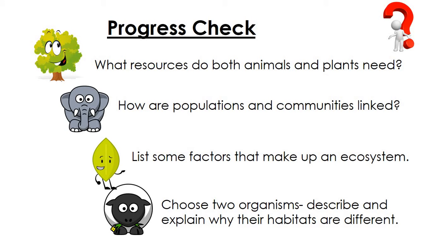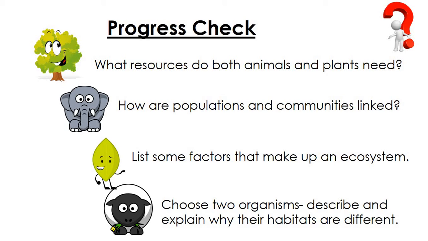So just to check our progress here, think about the key ideas. What resources do both animals and plants need? Can we recall that? How are populations and communities linked? List some factors that make up an ecosystem, and choose 2 organisms, describe and explain why their habitats are different.